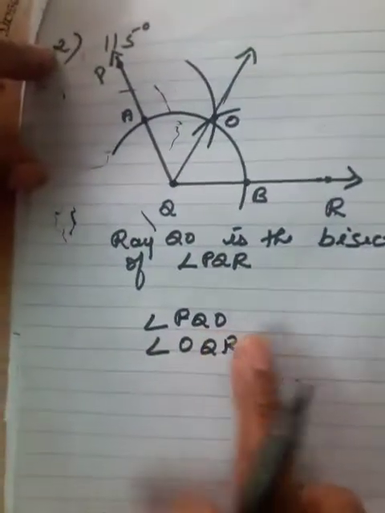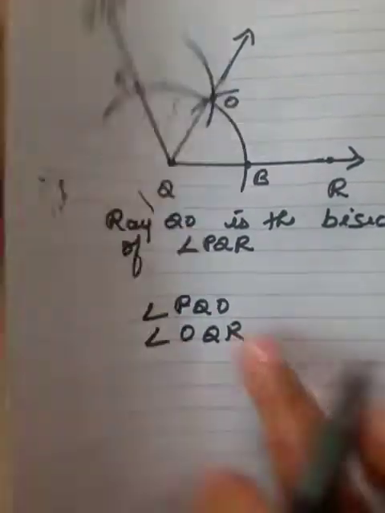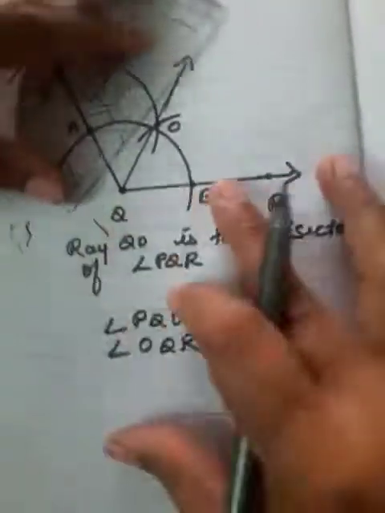Now measure both the angles PQO and OQR. So what will be the measure of both the angles?